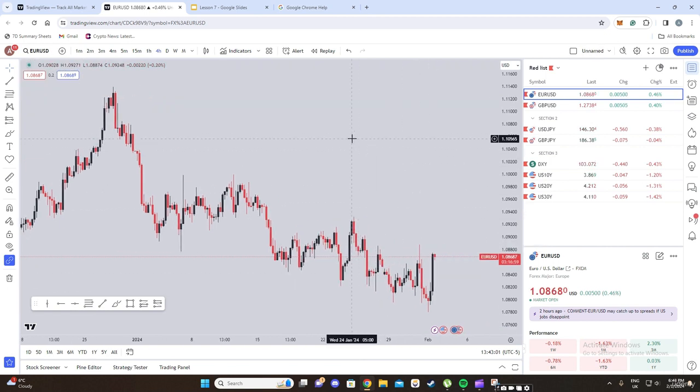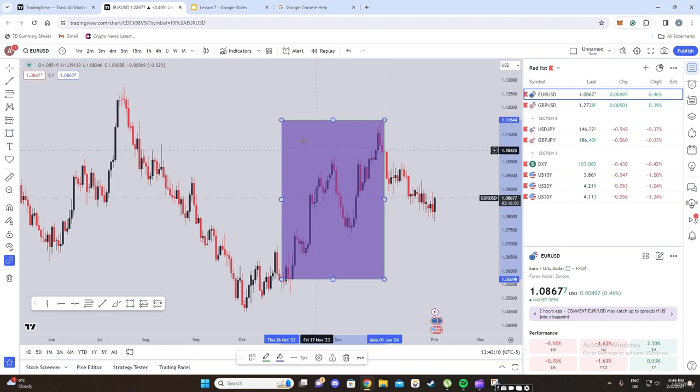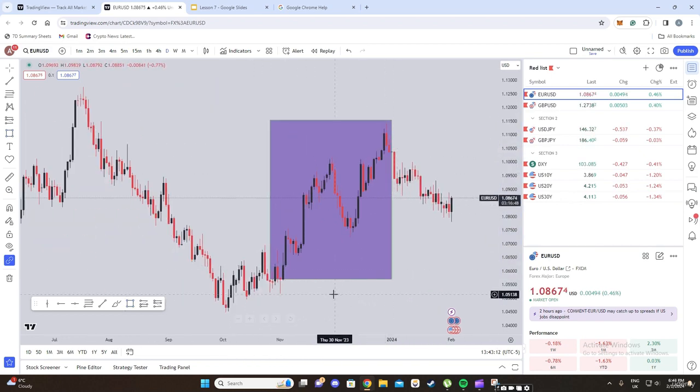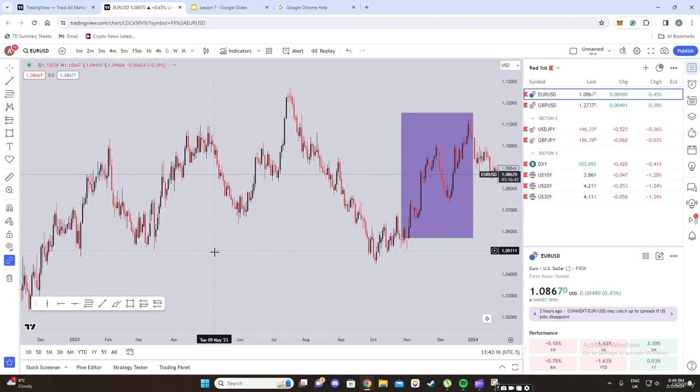Remove these drawings here. Now we'll go into the daily. Alright, so let's look at this fractal here, this piece of price on the daily. First thing we see is that price traded to this swing low, taking out these key levels.